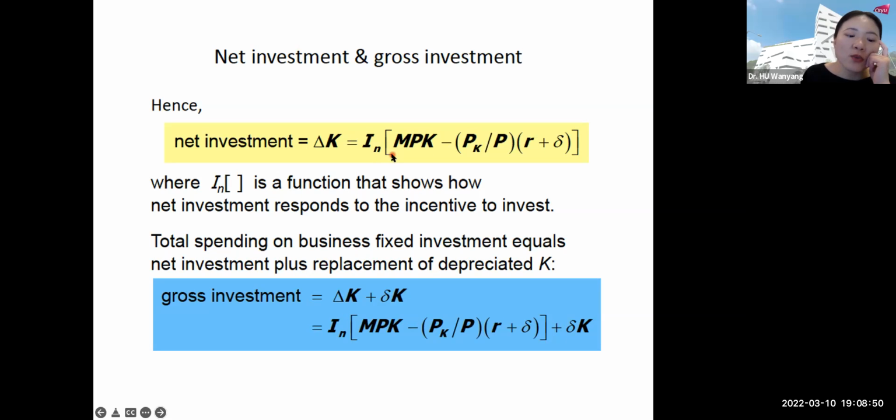This is what we are doing here. The basic idea is that the net investment delta K will respond to the profit rate. Profit rate is your incentive to invest. If it's profitable, then we invest. If it's not, then we reduce. And if the profit rate is 0, then we don't have incentive. This is net investment.